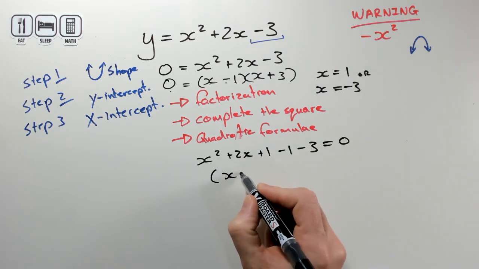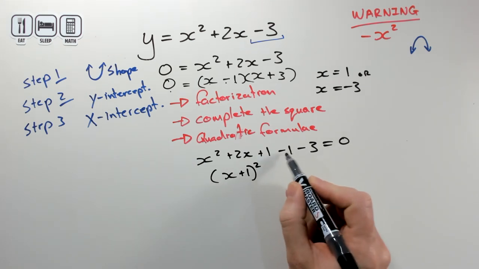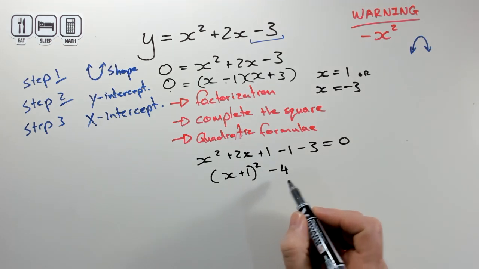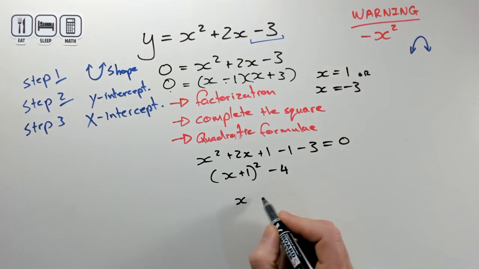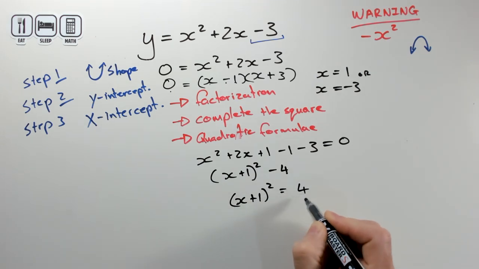It's just half that, so that's +1, it's all squared, and then -4. And how we would do this, I'd go x plus 1 squared is equal to 4.